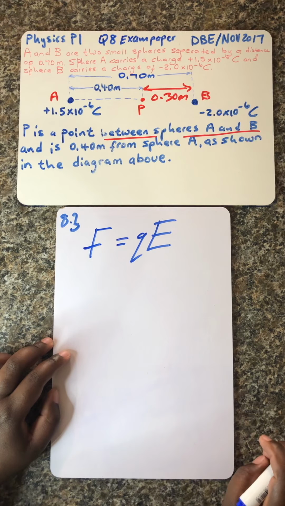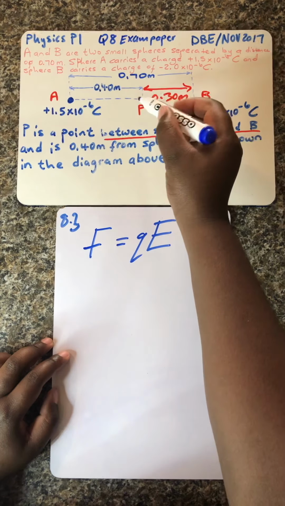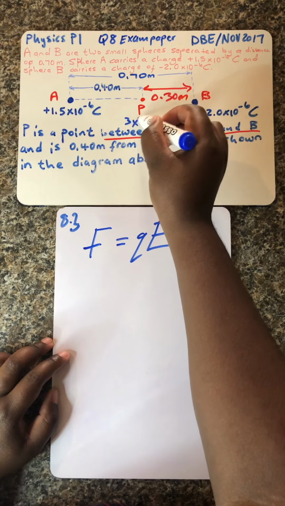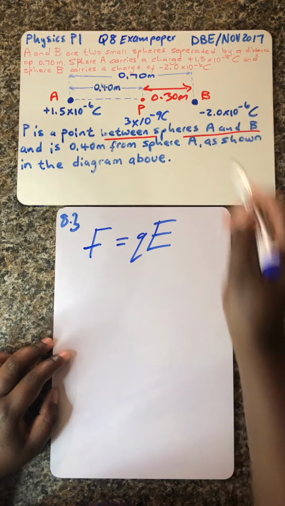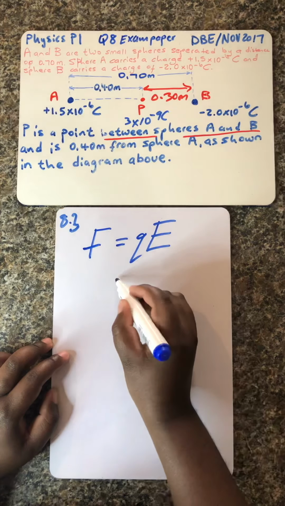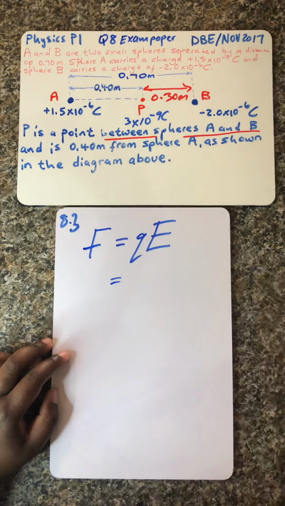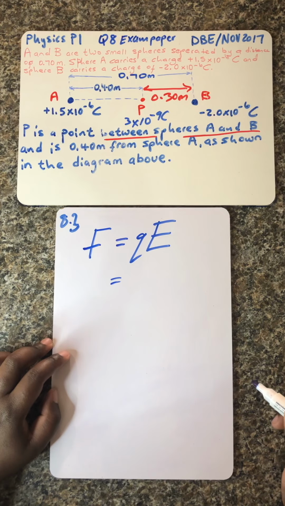So remember guys, they said a point charge of magnitude 3 times 10 to the exponent negative 9 coulombs is now placed at point P. Okay, so now guys, it's just a matter of substituting. This is not a difficult question. You just substitute and calculate the magnitude of the electrostatic force experienced by this charge.